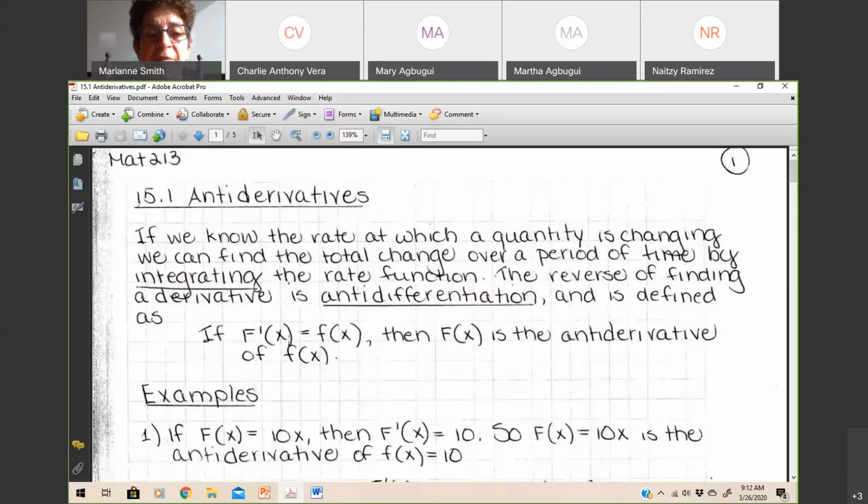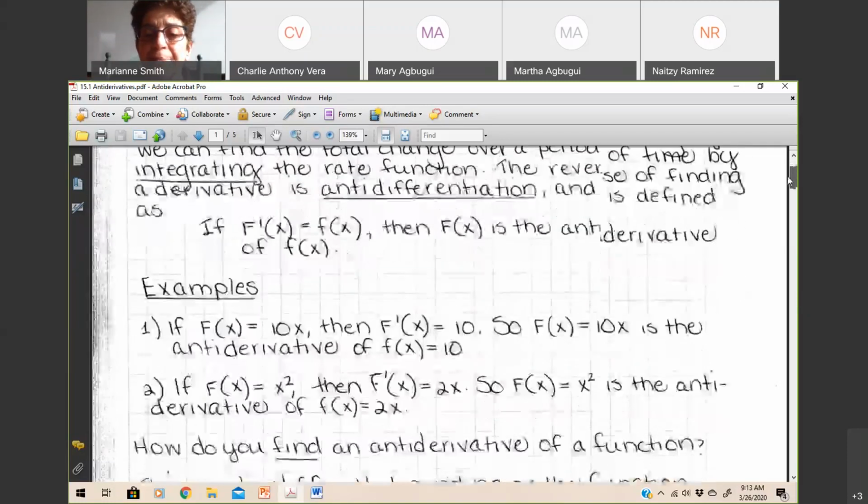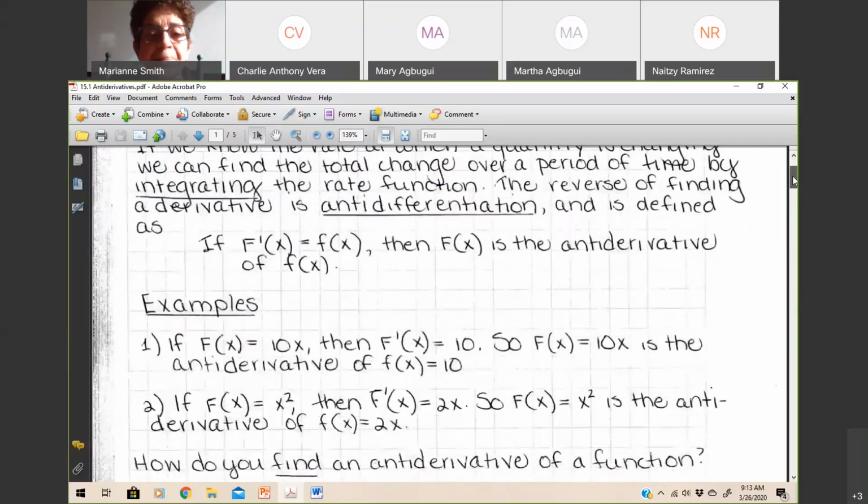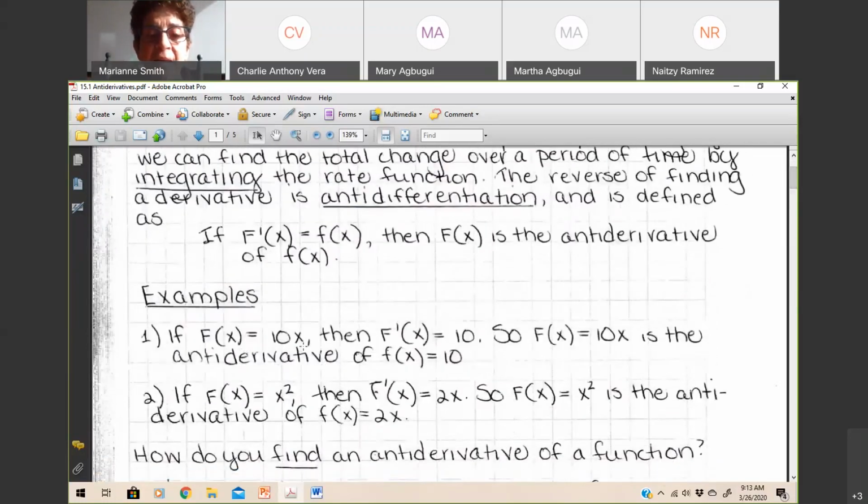Here's the relationship right here. If F prime of x, in other words, we took a derivative, is little f of x, then to get this big function back again, we have to anti-differentiate that rate function. Here's a couple of simple examples. If F of x is 10x and we differentiate it, we're going to get 10.